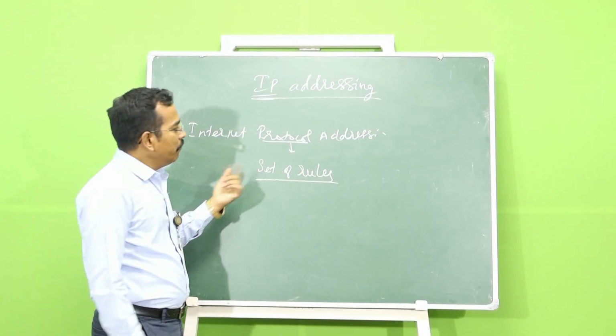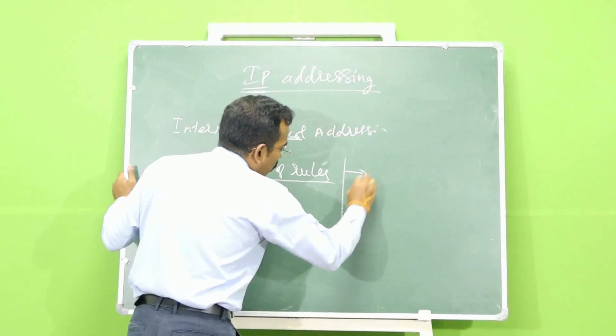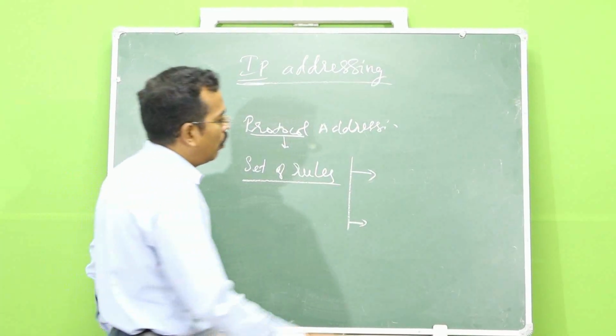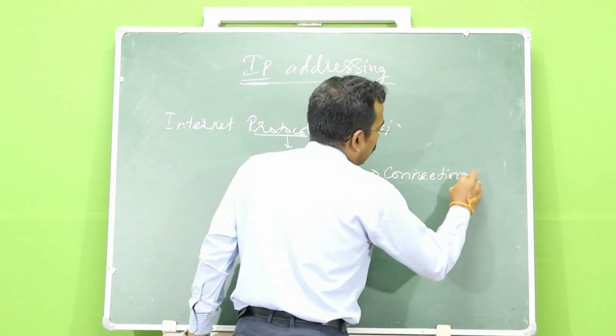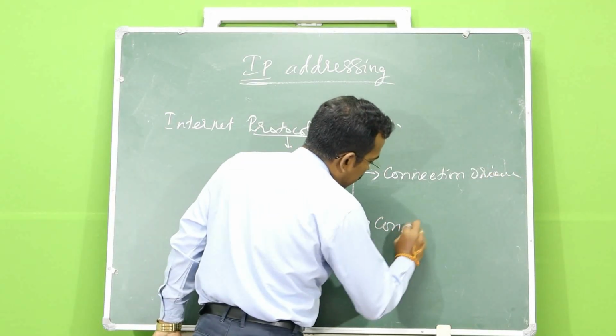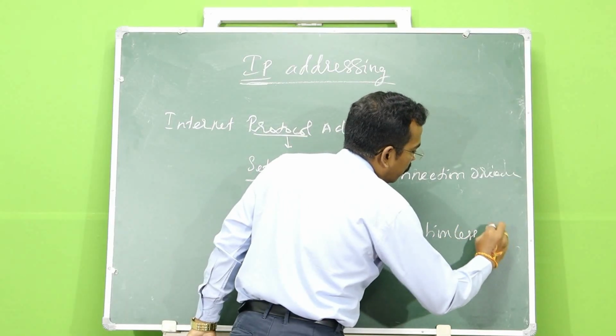So here, when we get into protocol as a set of rules, we have two combinations, the characteristics of protocol. One is called connection oriented protocol. The next one is called connectionless protocol.